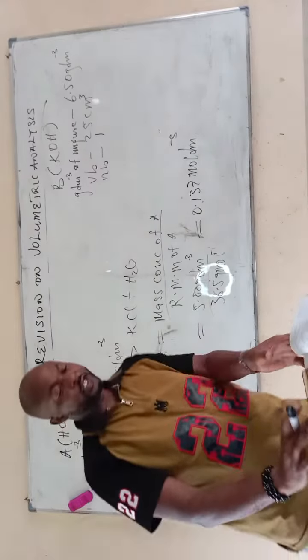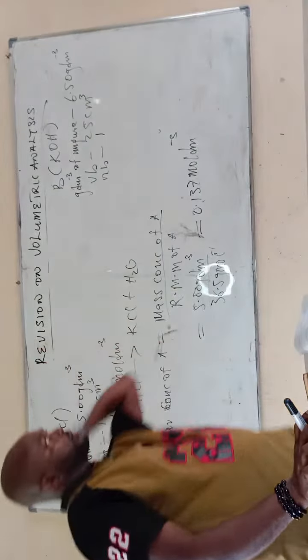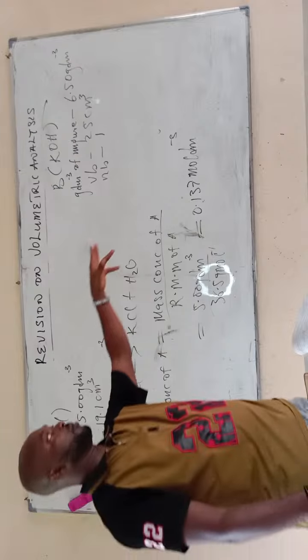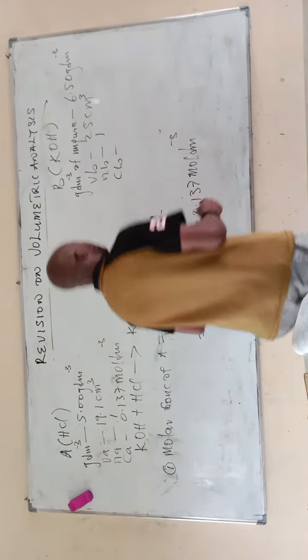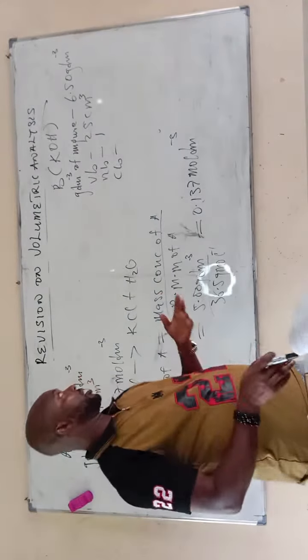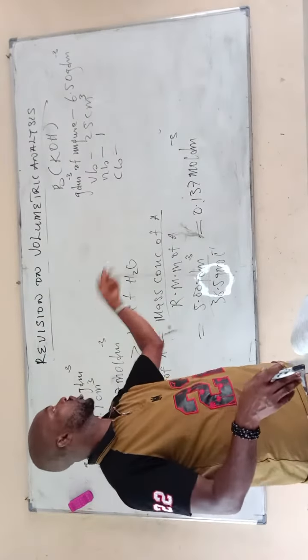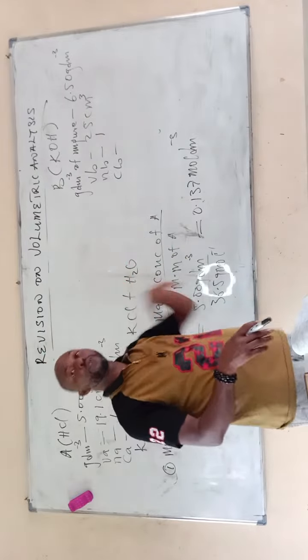Next question says concentration of B in mole per dm³. So now we want to get the molar concentration of the base. My CB here will be what? Remember, you cannot use the same principle here, mass concentration over relative molecular mass, because this mass concentration is impure.